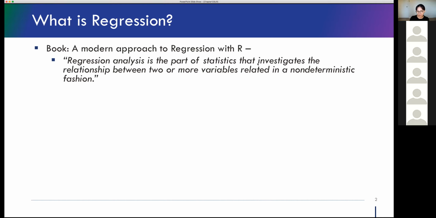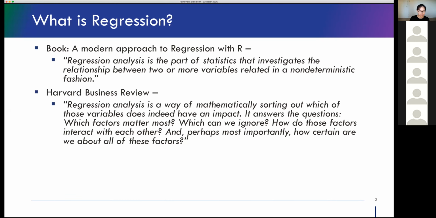So basically, the keywords are to investigate the relationship between variables in a non-deterministic fashion, or you can think of it as there is some randomness involved. And I got another definition from the Harvard Business Review, saying regression analysis is a way of mathematically sorting out which of those variables does indeed have an impact.